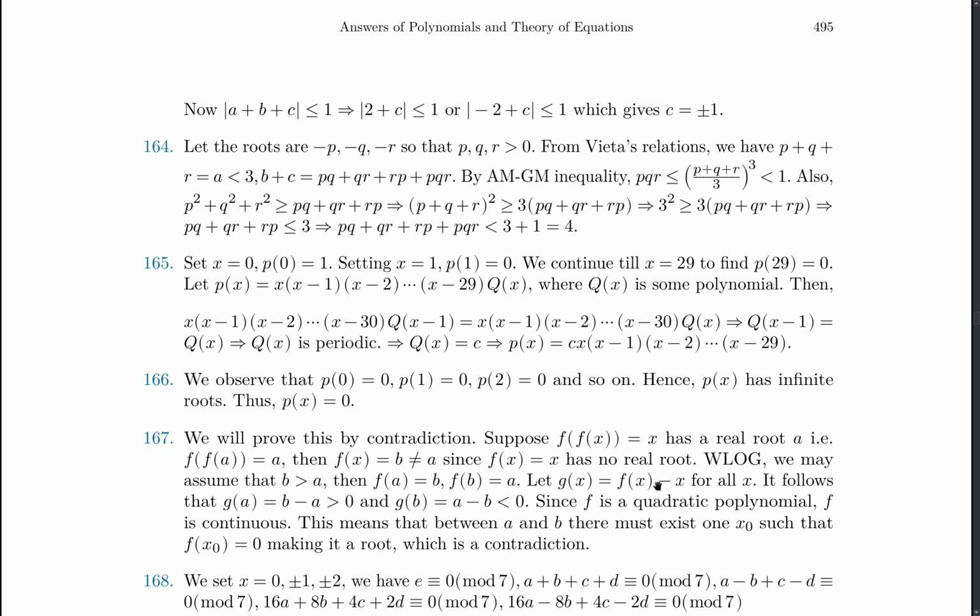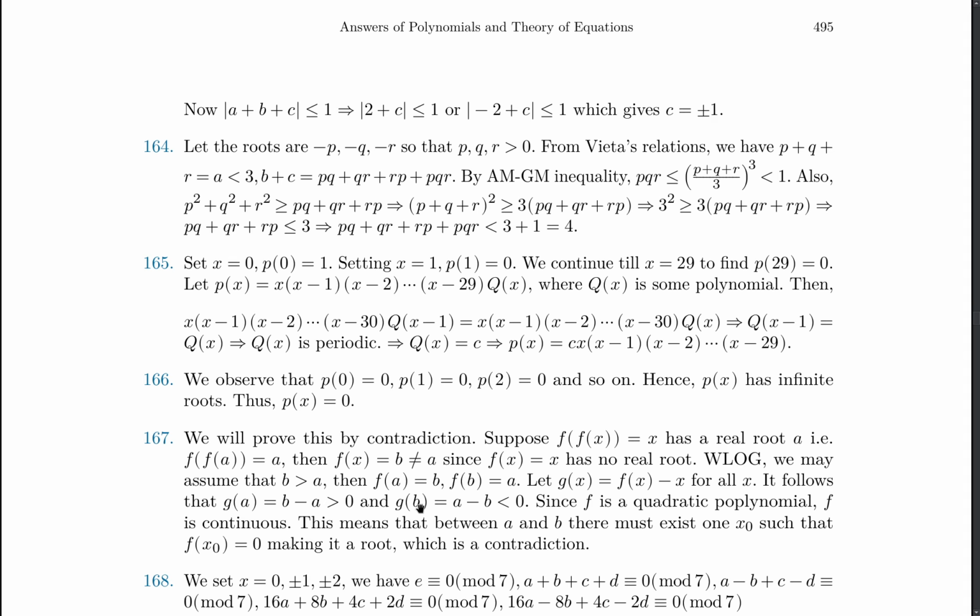Now this is a counterintuitive step. You need experience to arrive at this function. You just can't magically get this. It follows that g of a is equal to b minus a, which is greater than 0.